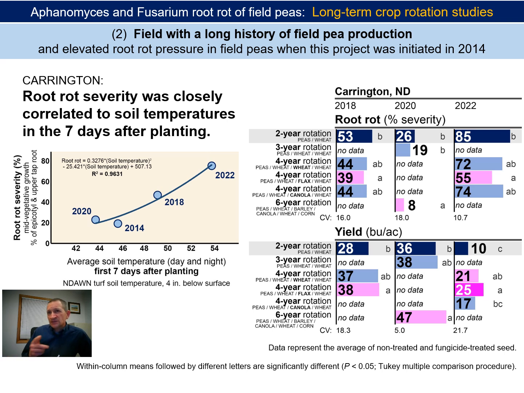Well, if you look at this scatter plot, you'll see that I've plotted the root rot severity versus the soil temperature at planting. In this case, the metric that I'm using is the soil temperature day and night in the first 7 days after planting. And the reason why we use that average is because on the warm days, on the sunny days, the soil temperature is going to be a little bit warmer than on the cold days.